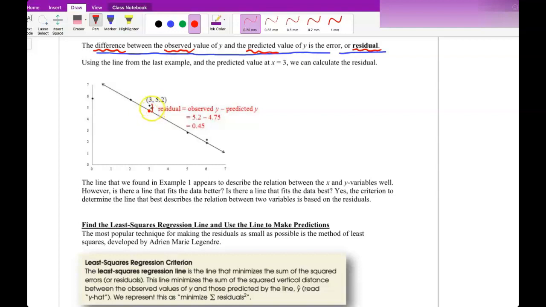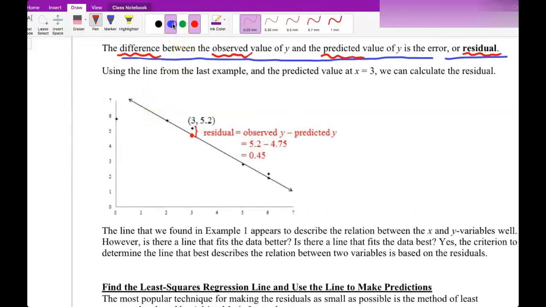So the difference between these two: 3, 5.2 is that one, and that is 3, 4.75. So this is observed, this is predicted. Now finding the difference between these two is this number, 0.45, which is our error, and that we call residual.